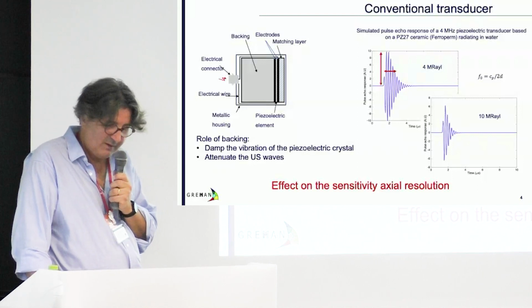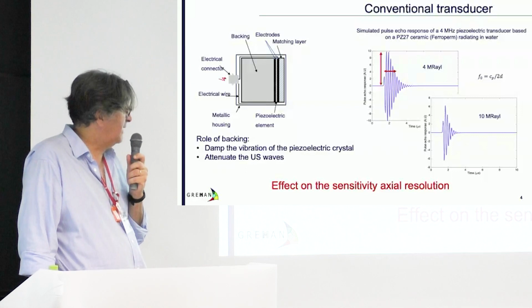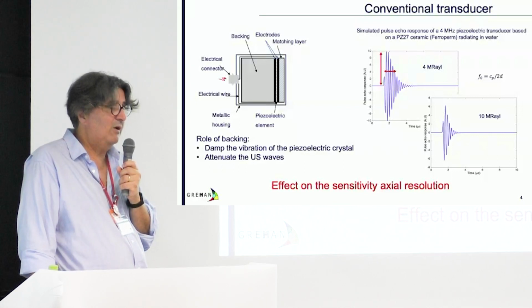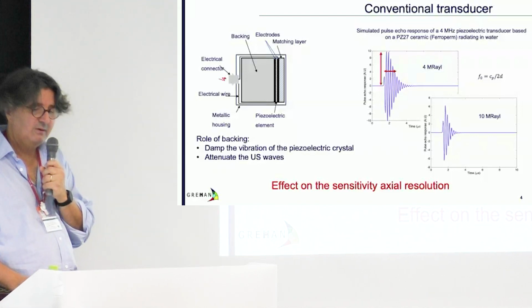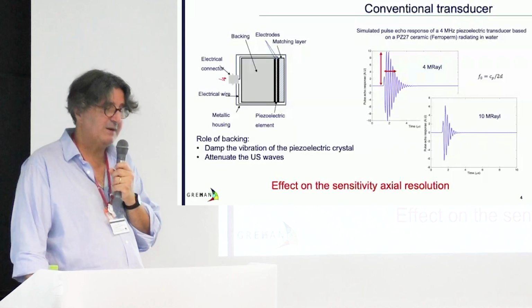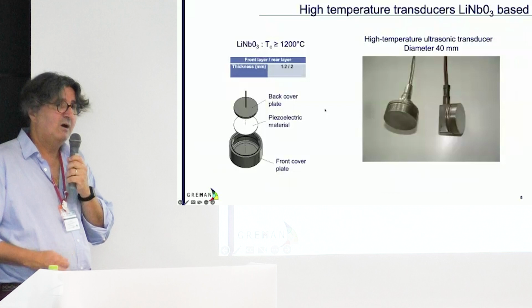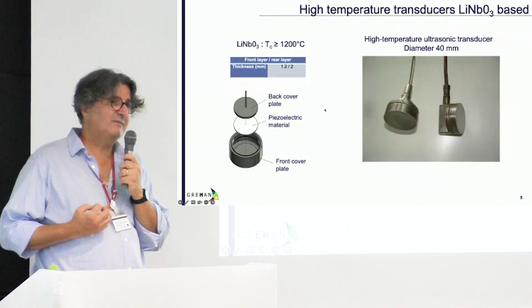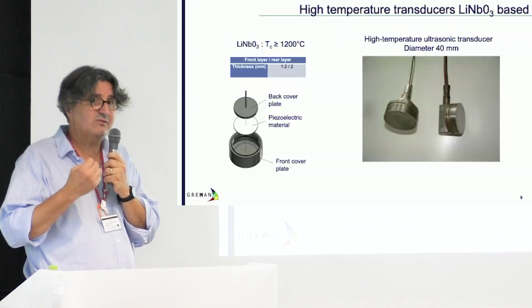I will not comment that much about this slide that you already know. But of course, CEA has already developed ultrasonic transducers for high temperature. This transducer has to answer several constraints, and it was developed to answer the high temperature constraints.